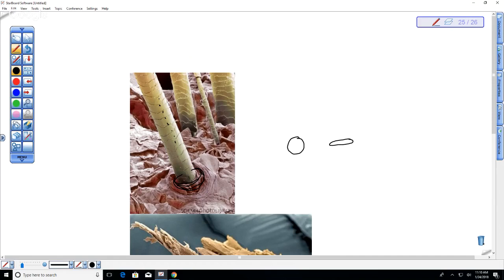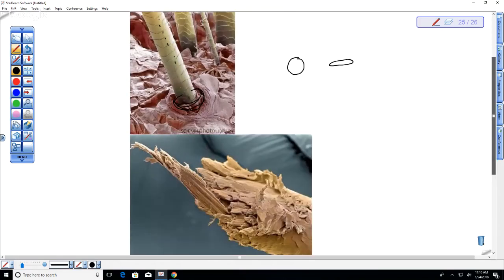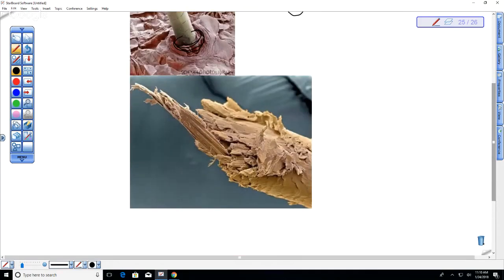Interestingly, this cuticle can wear off at the ends of the hair. And then these are just keratin fibers that are extending from the ends of your hair. And what is that referred to as? Split ends, right? So when your cuticle wears away at the ends of your hair, if you haven't had it cut for a while, you'll start to get split ends, and those are just pieces of keratin.